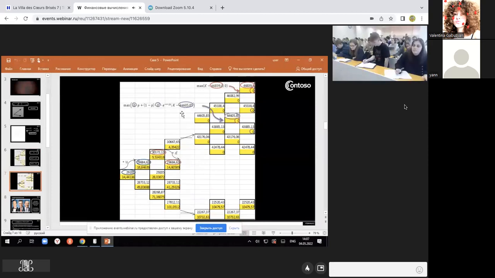If this difference is more than the estimated option price, of course, it will be the opportunity to execute this option at this step. If you have the American option, you have the opportunity to execute the option at any time moment before the date of expiration. So it means on each step you should check if it will be profitable to you to execute this option. Do you understand me?